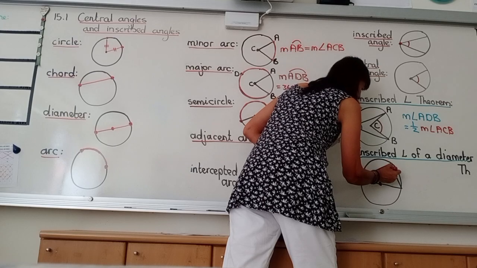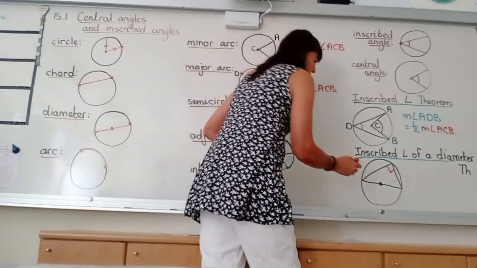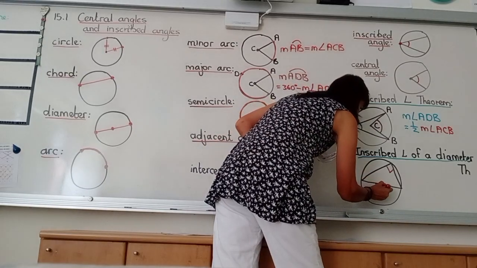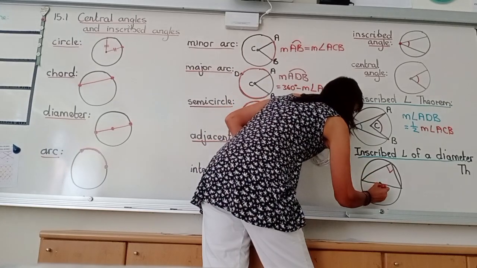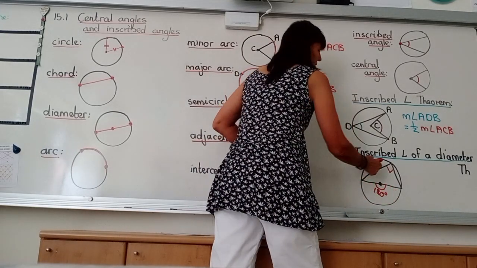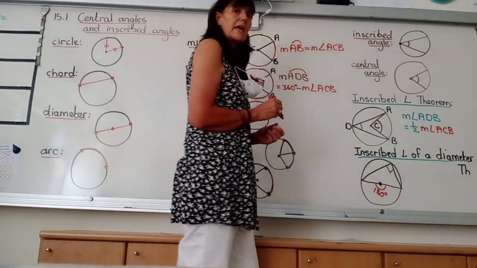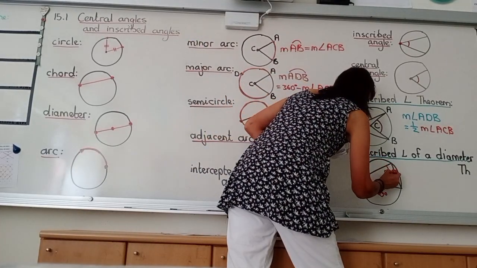It will always be 90 degrees. Why would that be? How big is my central angle on a straight line? On a straight line, it will be 180 degrees. So the inscribed angle must be half of 180, so we will end up with 90 degrees.